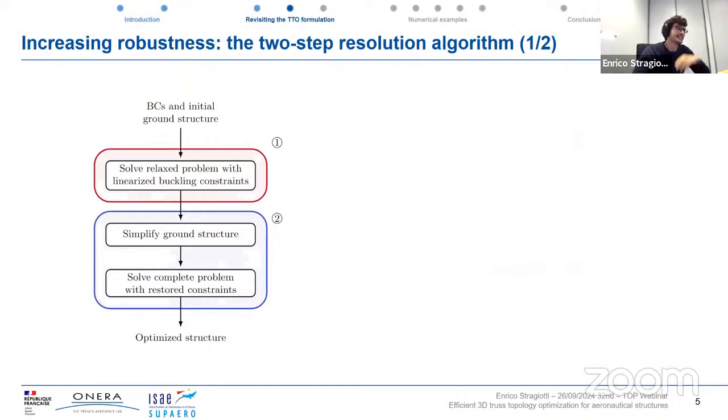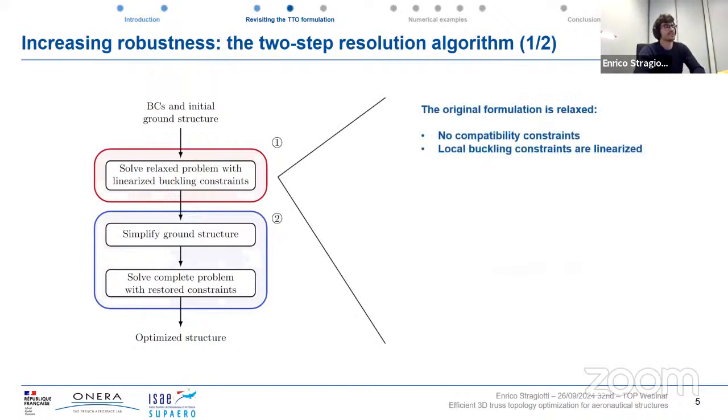The idea is that once we have our boundary conditions and the initial ground structure, we solve at the beginning a relaxed problem with linearized buckling constraints. And then the solution of this first problem is used to simplify the ground structure, so basically to restrain the design domain of a second optimization in which we restore all the constraints.